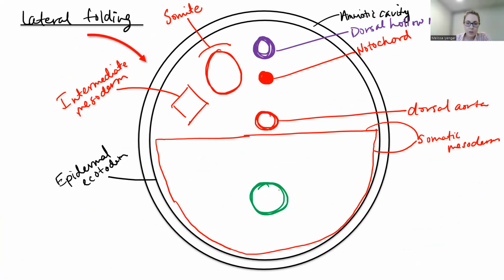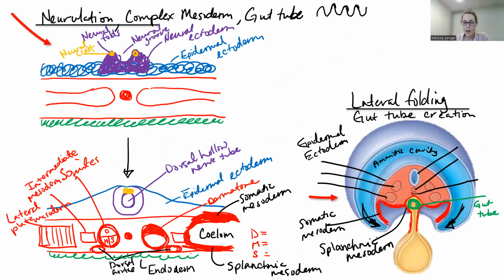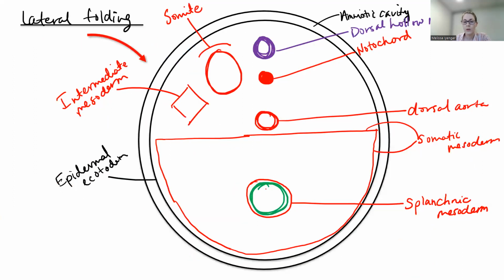Then we have to make our splanchnic mesoderm, and if you have a hard time, the splanchnic mesoderm has to be superficial to the gut tube. So remember, the splanchnic mesoderm actually forms part of the dorsal aorta a little bit. Mostly the dorsal aorta is from lateral plate mesoderm, but the splanchnic mesoderm has to be over the gut tube. So remember, it's going to be just above where the endoderm was, so just superficial to the endoderm. So I want to make sure I draw that superficial to the endoderm.